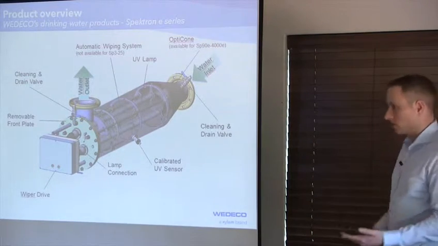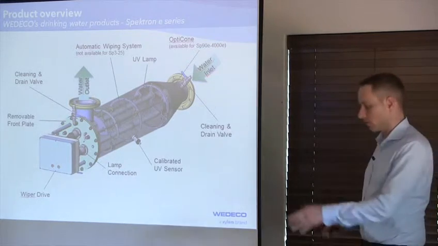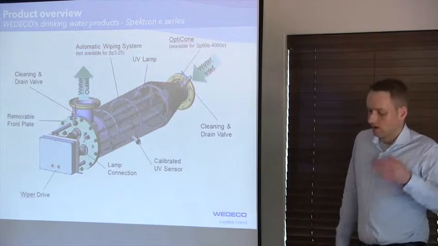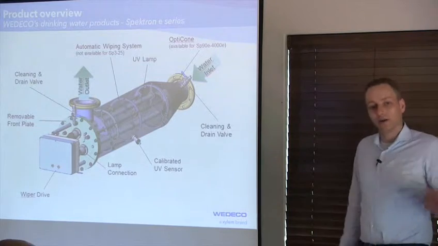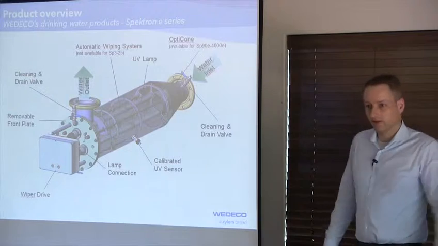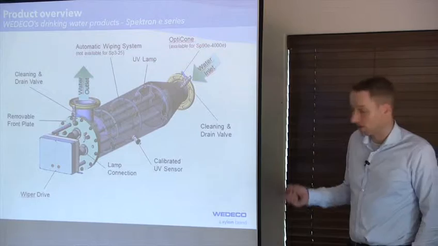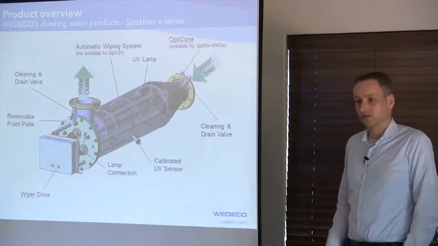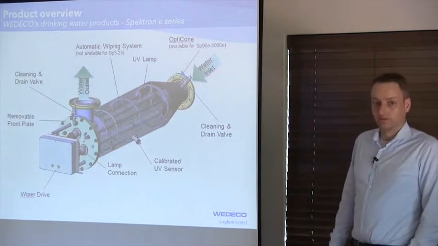Those systems know that the power consumption is at this level and the lamp is this many hours old, so it should have this dose. But then the wiping system fails, the sleeve is fouled, and nobody knows it because the system doesn't check the intensity. Our systems always calculate the dose based on the actual intensity. So if there's a problem with your UV system, you will know it.